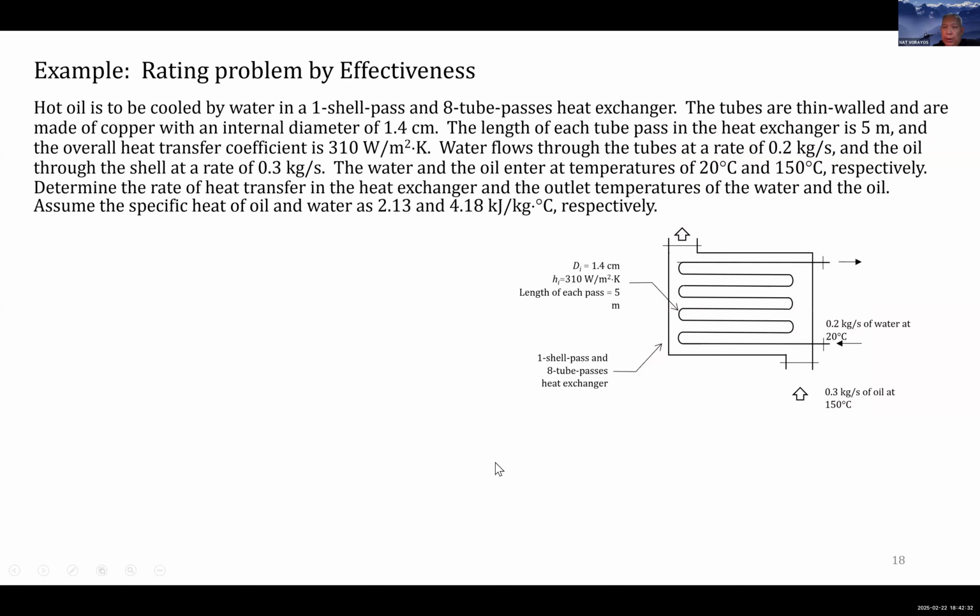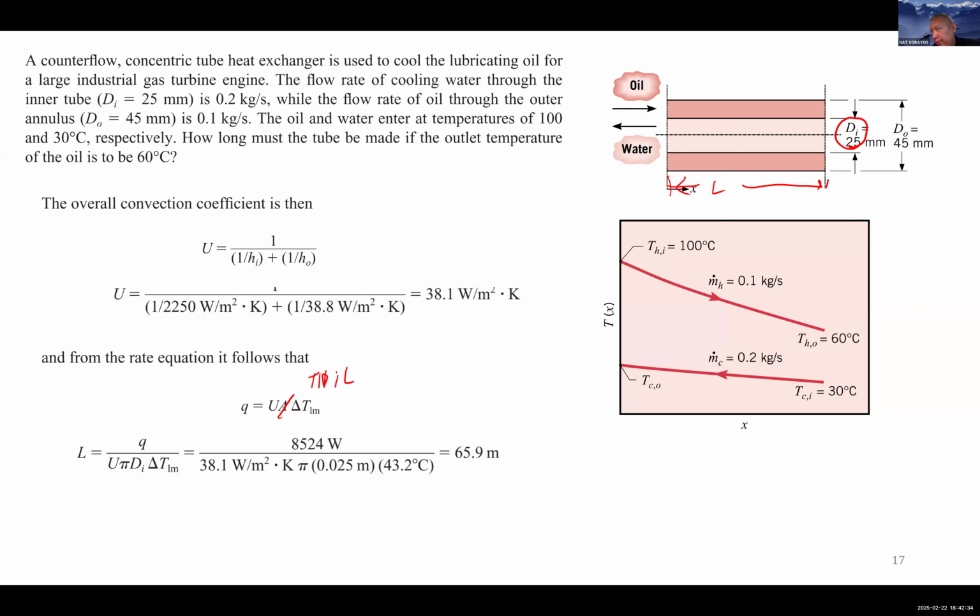So basically, let me spell it out for you once again. It starts from the fact that you're going to have Q equal to m dot C Cpc (TCO minus TCI). And you're going to have the Q, not the Q dot, equal to m dot H CpH (THI minus THO).